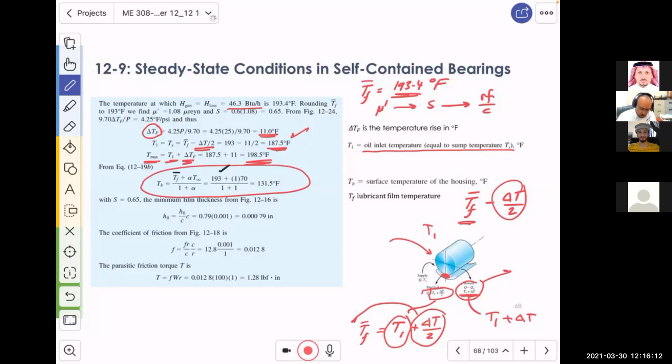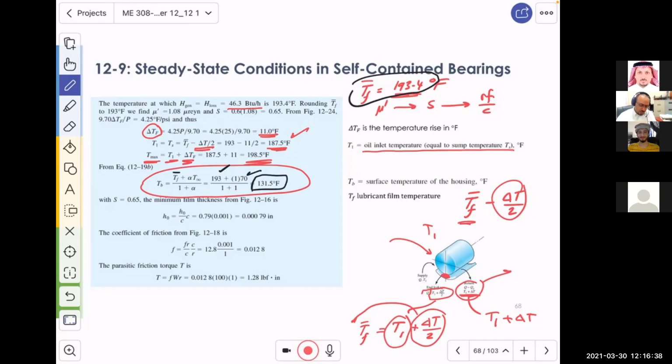We know that this is 193. Why? This is the T bar F after trial and error, right? And then we know that the surrounding temperature is 70. We know that alpha is 1, and we got a temperature of the bearing surface of 131.5 degrees Fahrenheit. Amazing, really. This is very nice.